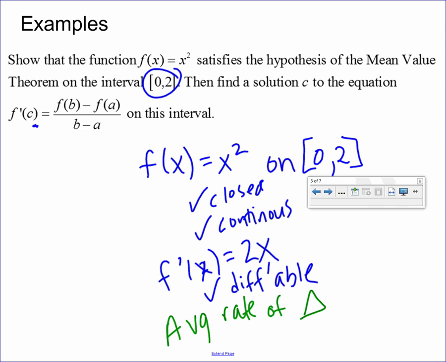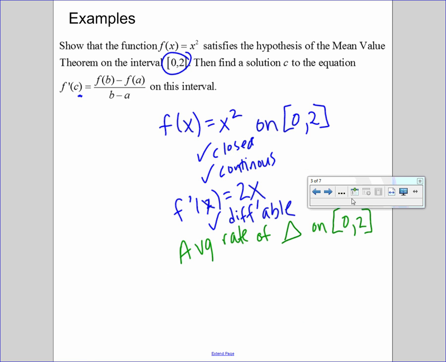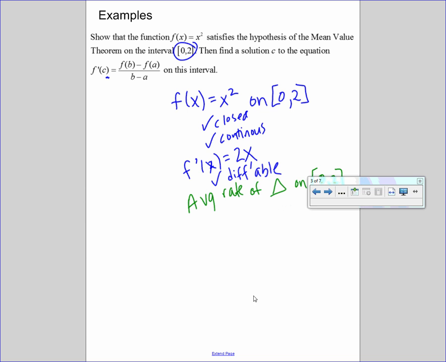I'm going to use a delta symbol for change. Average rate of change from 0 to 2. So that's saying, what are you at 0 and what are you at 2?